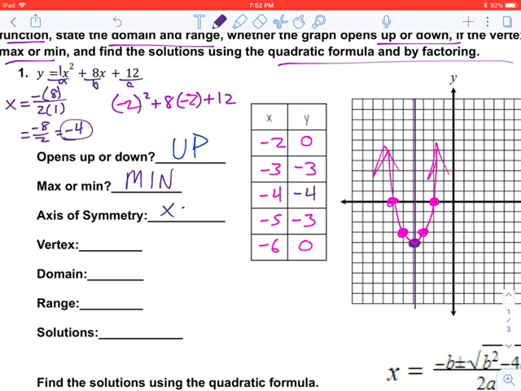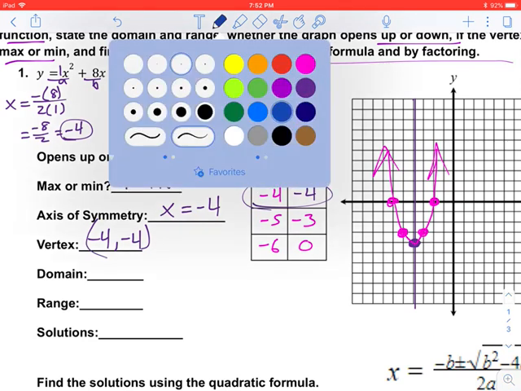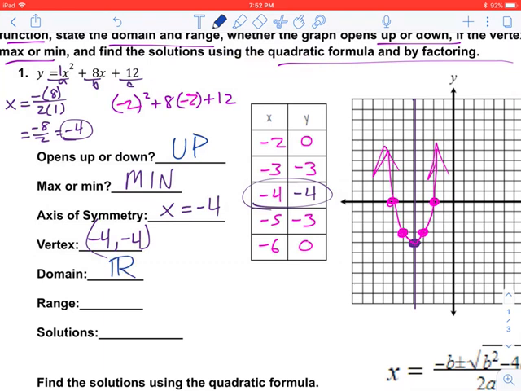Axis of symmetry, we already said, was negative 4. The vertex is negative 4. Domain and range, I'm not too worried about, but the domain for all of these is going to be all real numbers every time. And then the range is just y is what compared to in the graph. So the y in this case doesn't go below negative 4, so y is greater than or equal to negative 4.